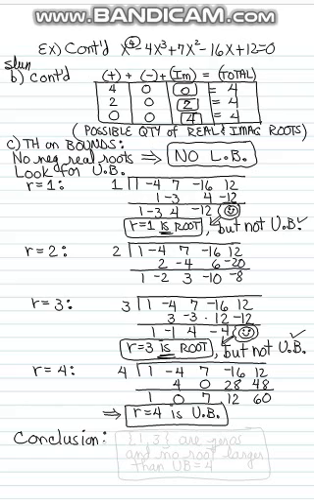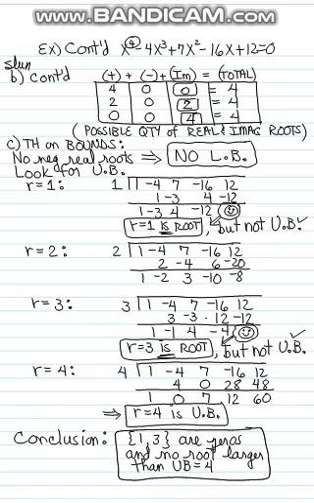We were not able to find a lower bound because there is no lower bound, but we did find that x or r equal 1 and equal 3, each of those individually are roots or zeros of the polynomial, and we found that there is no root that exists for this polynomial that is larger than our upper bound, which is equal to 4. So we got lots of information there. That was a good thing. Okay.